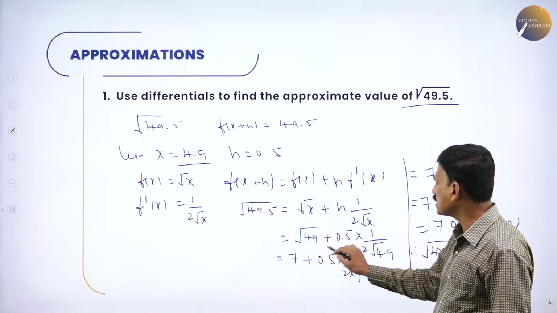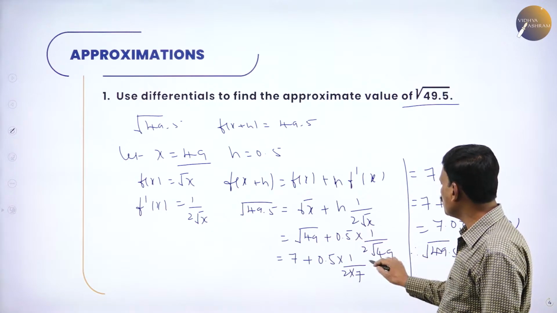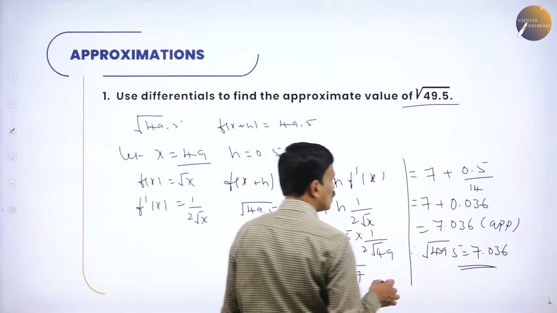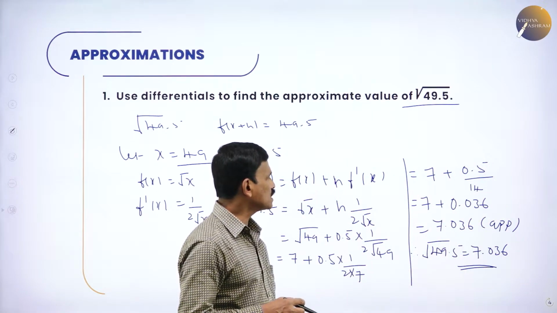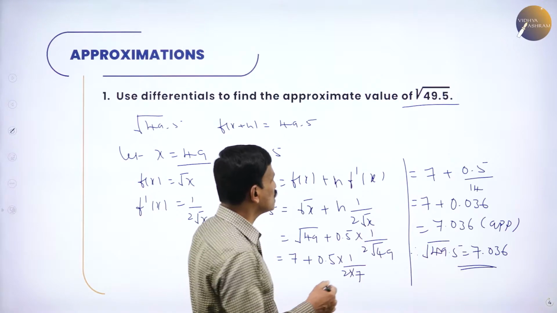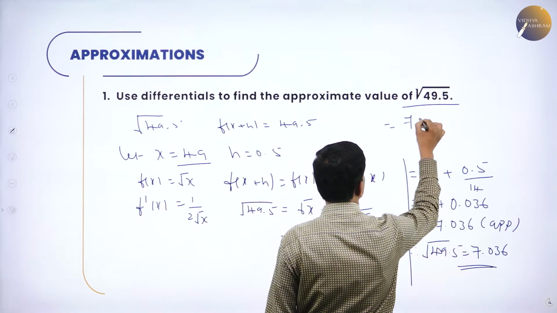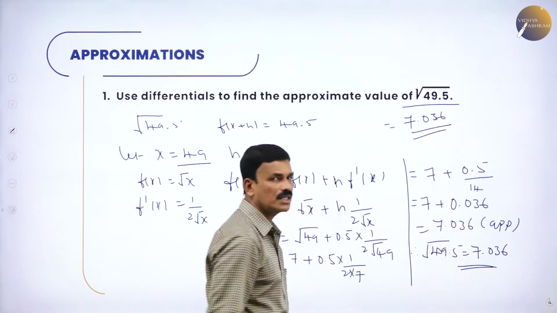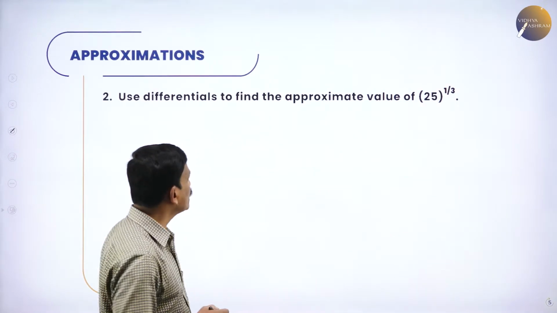Square root of 49 is 7, which is 0.5 into 1 by 2 into 7 is 14. 0.5 by 14 is equal to 0.036 plus 7 is equal to 7.036. So, the approximate value of this is 7.036. That's it.